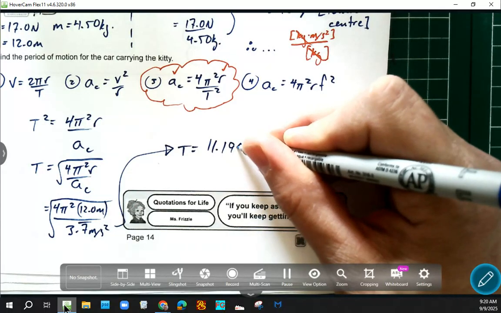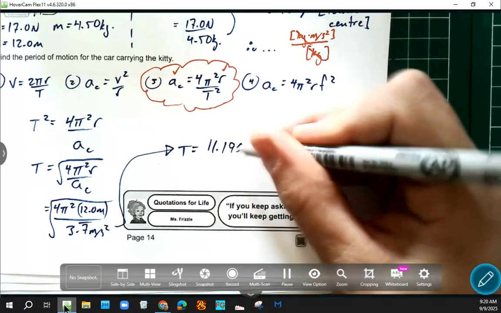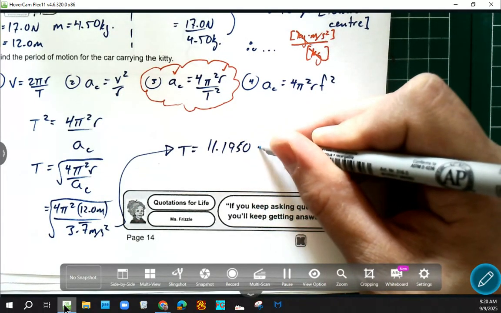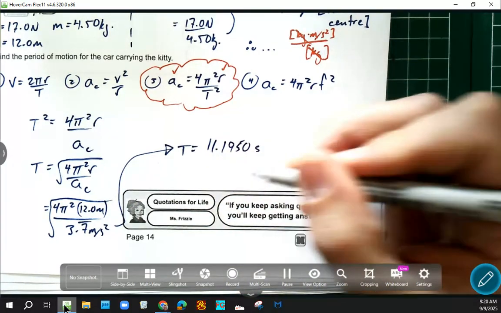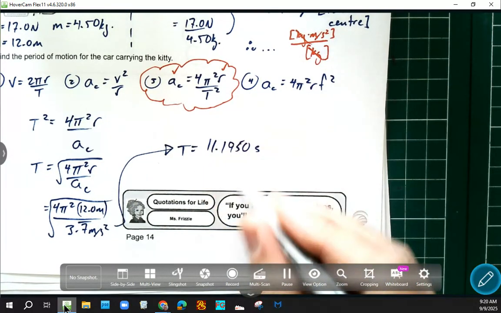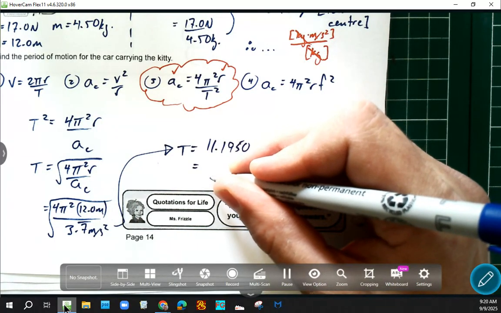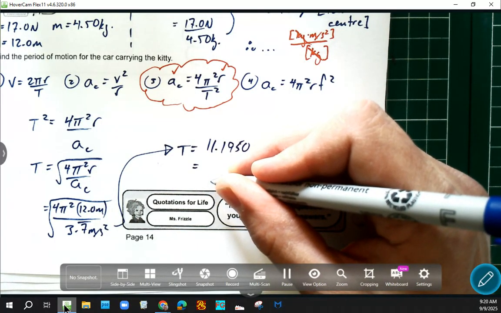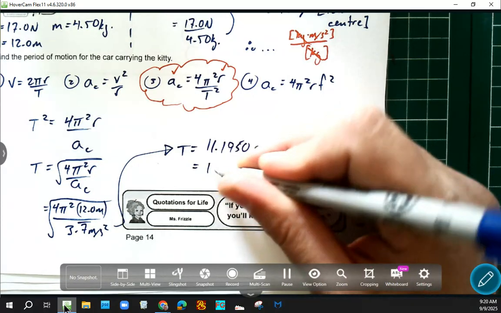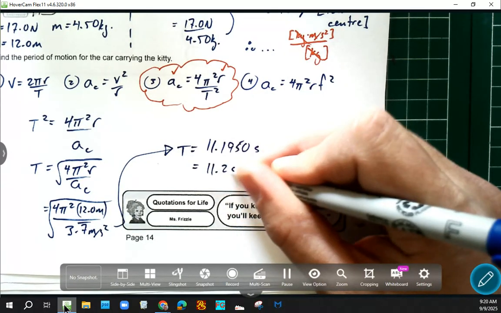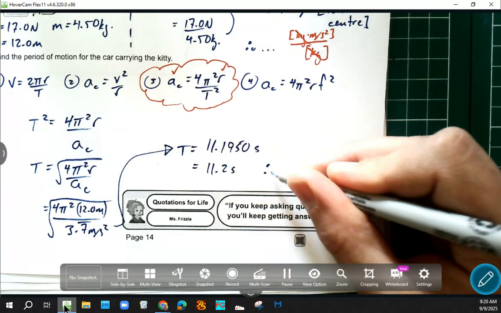Nice. Seconds, and we'll round it off. What did we say it was? 3 sig figs? So 11.2 seconds approximately, and again, we could say a therefore statement.